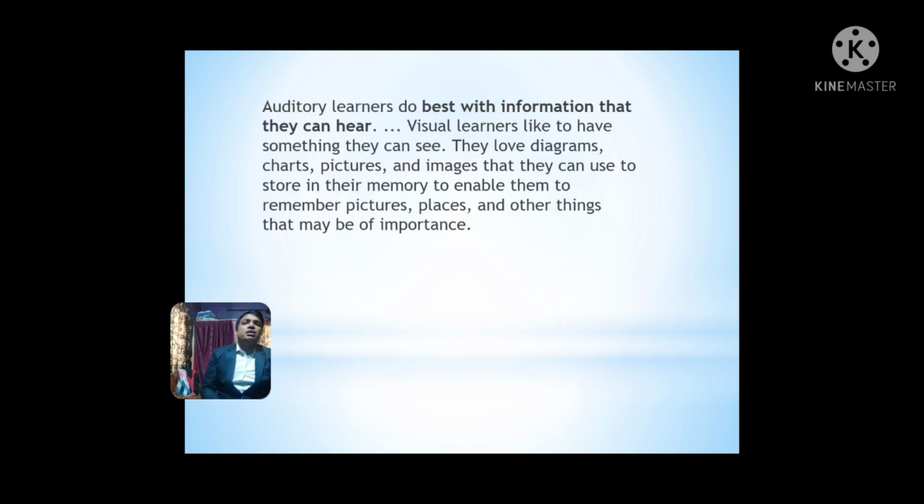Now the auditory learner does best with the information that they can hear. Visual learners like to have something they can see. They love diagrams, charts, pictures and images that they can store in their memories to help them remember pictures, places and other things. It may be of importance.